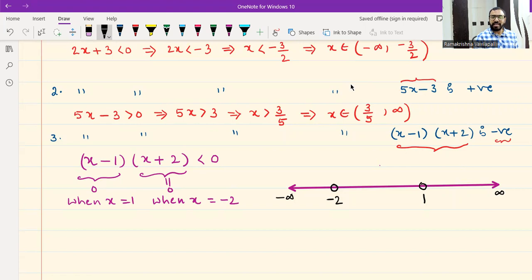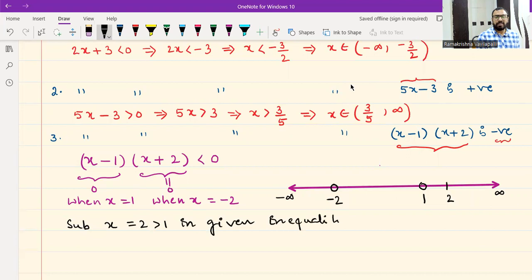Okay. So I'll take a sample number, 2. Substitute some number greater than 1, x equal to 2, in the given inequality.